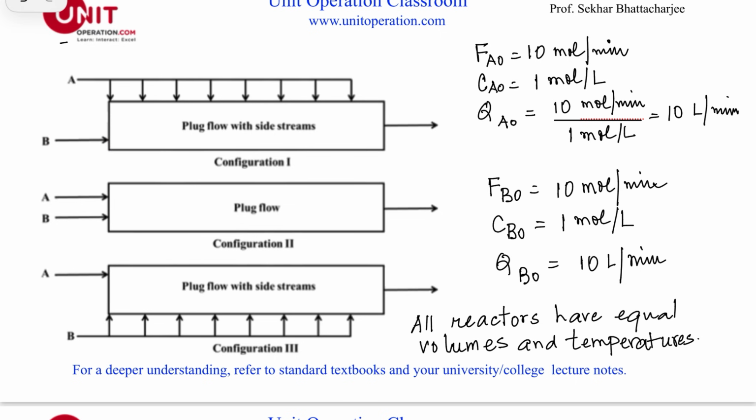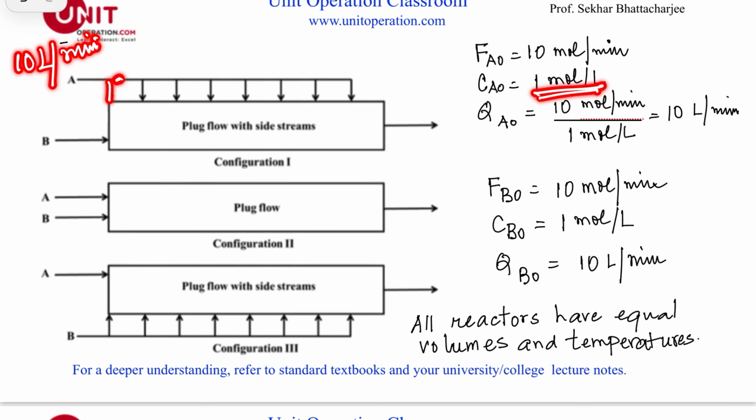Here, FA0 is 10 moles per minute, and CA0 is 1 mole per liter. Therefore, the flow rate of A is 10 liters per minute. So here A is entering at 10 liters per minute and at a concentration of 1 mole per liter.